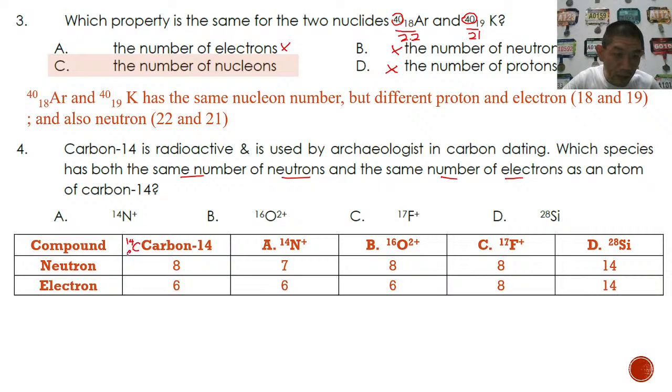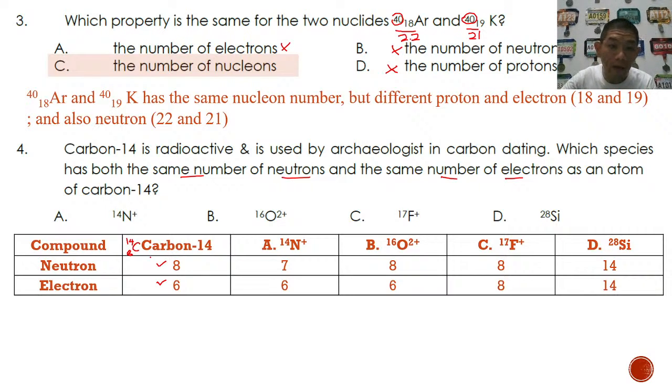Because most of the selections here are charged, you have to be very careful. The number of neutrons for carbon is 8, and the number of electrons is equal to the number of protons, which is 6, since it is a neutral species. So we have the selections A, B, C, D here.